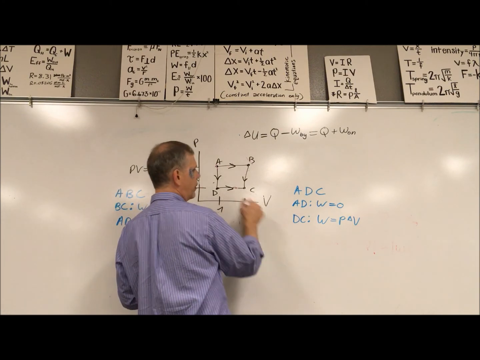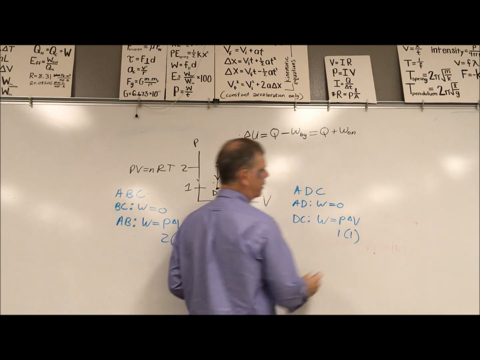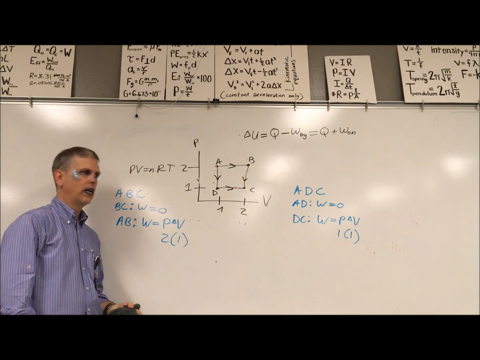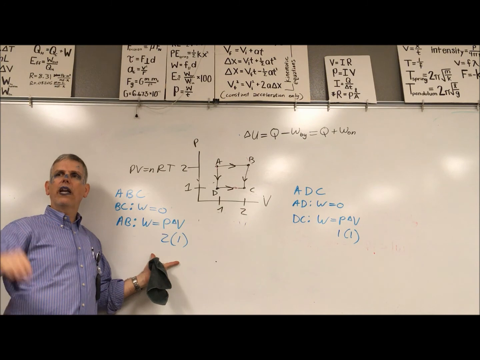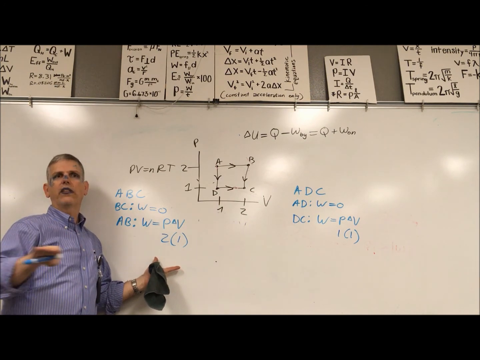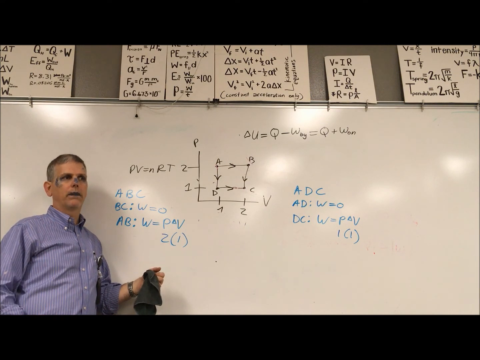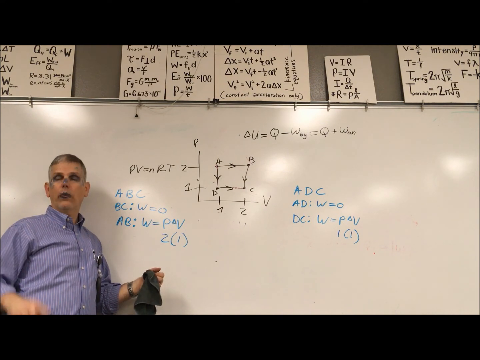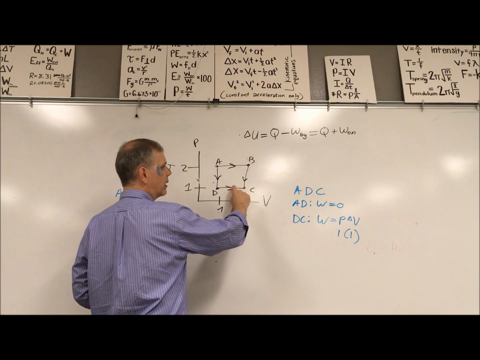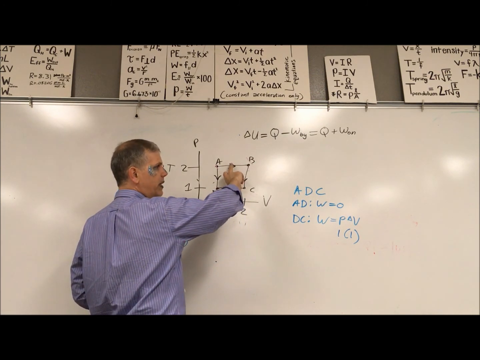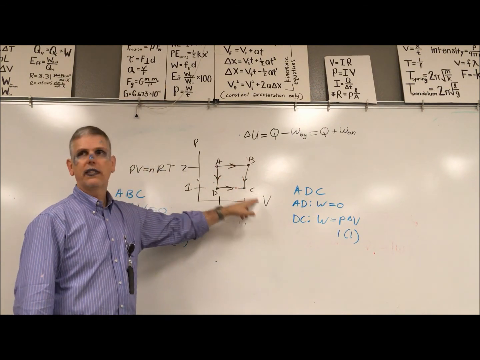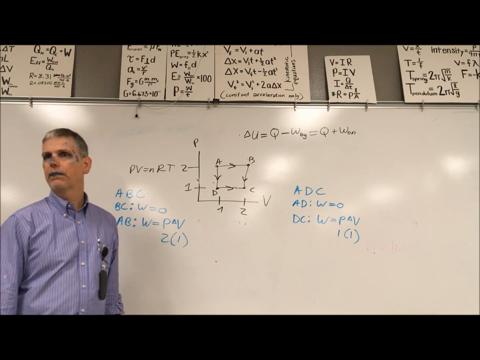And here, we have 1 times 1. Again, I'm using stupid numbers, but the concepts are still valid. So notice here, more work is done on the higher isobar than is done on the lower isobar. We see that mathematically. We can also see that this area is smaller than this area, and the area under the curve tells us the work done.